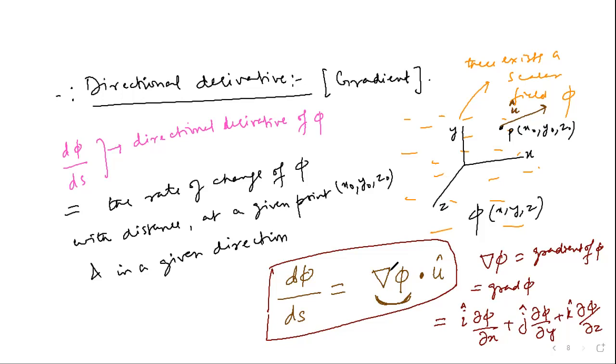Now, before moving further, I will give you this idea of this gradient. You know what partial differentiation is, right? So if you are given some scalar field, you can find its gradient, right?